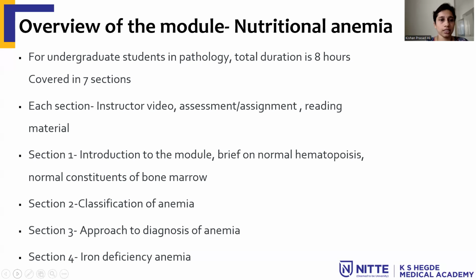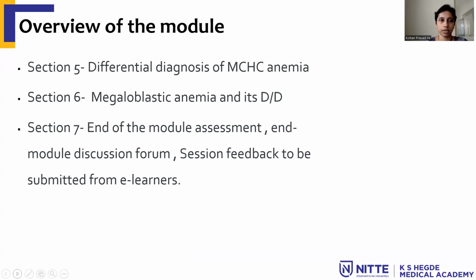Section 1 gives an introduction to the module, and also briefly introduces normal hematopoiesis and normal constituents of the bone marrow. Section 2 is on classification of anemia. Section 3 is on approach to diagnosis of anemia. Section 4 is on iron deficiency anemia.